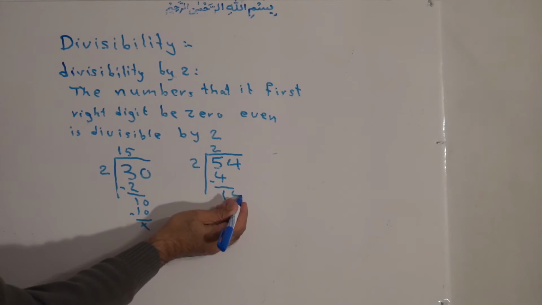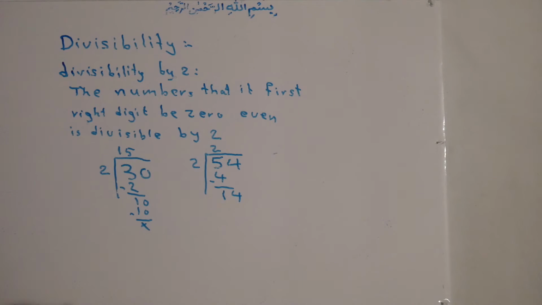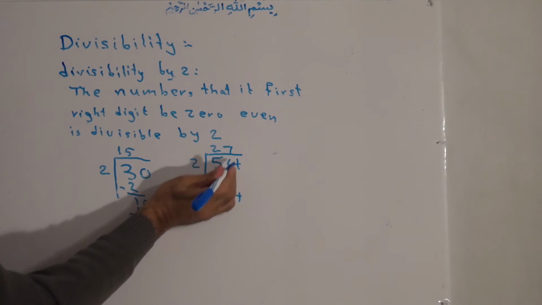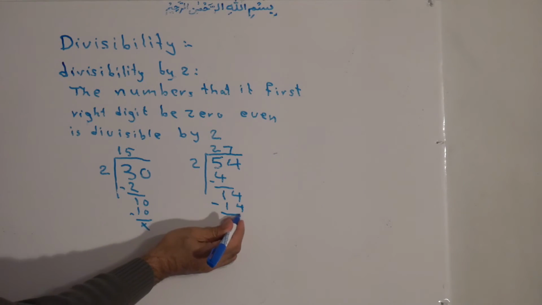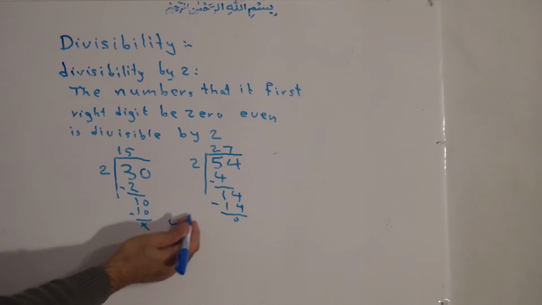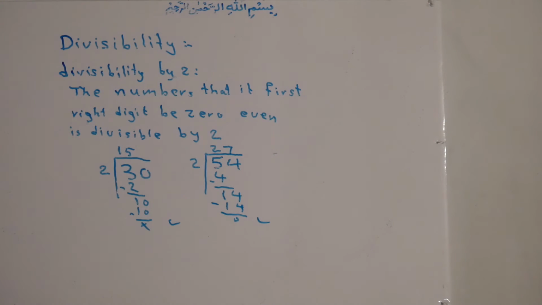We bring down 4. 7 times 2 is 14. 14 minus 14 is 0. So this is correct. This was divisibility by 2.